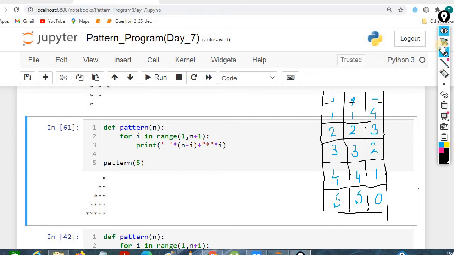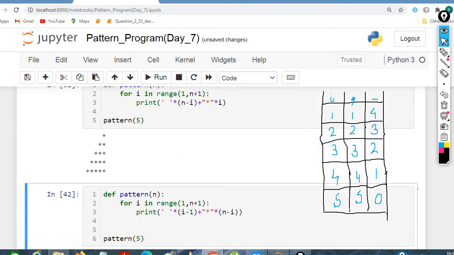This way, when we execute this, we are getting 1 star. In this way we have to put the spaces. We know that we want 1 star and the remaining are spaces. This way we can design our logic and we will get the desired result. When we execute it, we will get the same result.